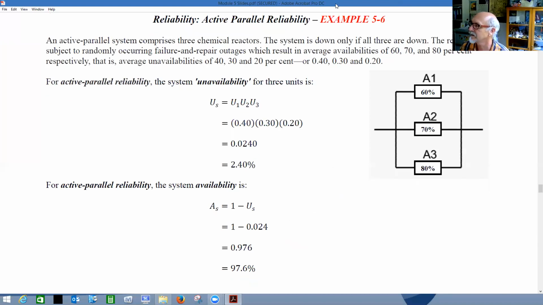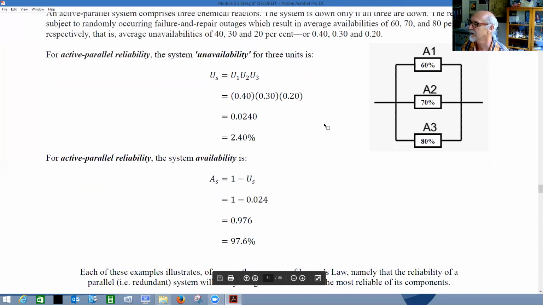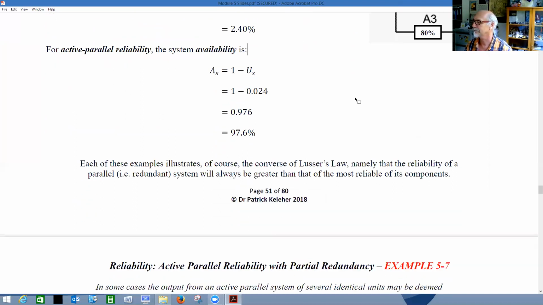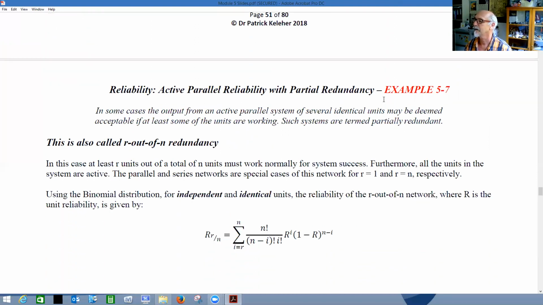It's just 1 minus the unavailability, which is, in other words, 97.6% of the time this particular system will operate without failure. Each of these examples illustrates, of course, the converse of Euler's law, in other words, the availability compared to the unavailability. So that's quite useful.